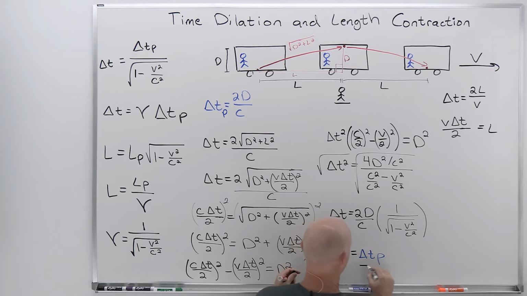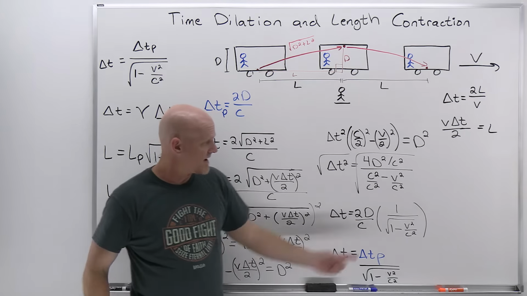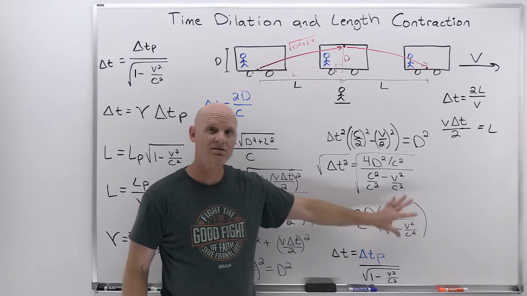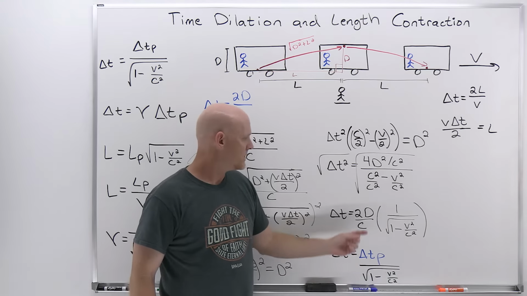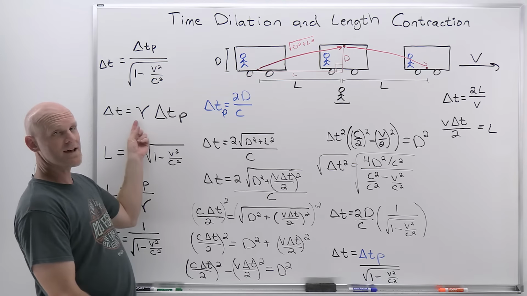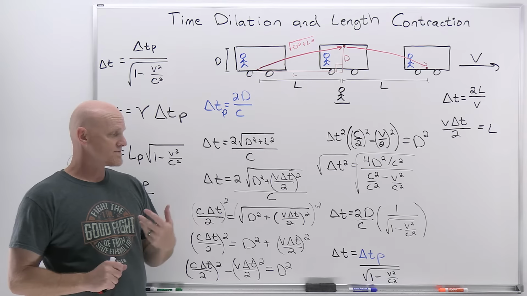And ultimately, we can now write it as over the square root of 1 minus V squared over C squared. Cool. And again, that factor 1 over the square root of 1 minus V squared over C squared, that is gamma, which is why we can write this as delta T equals delta T proper times gamma as well. That is your derivation for the Lorentz factor.